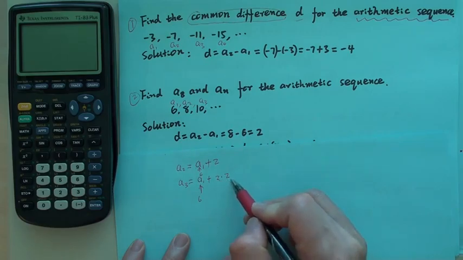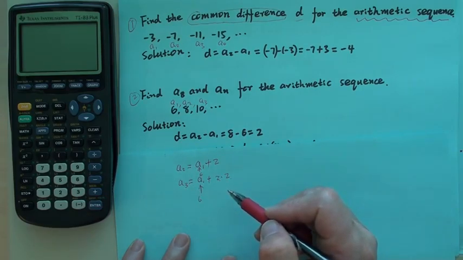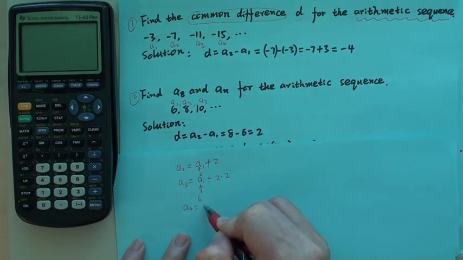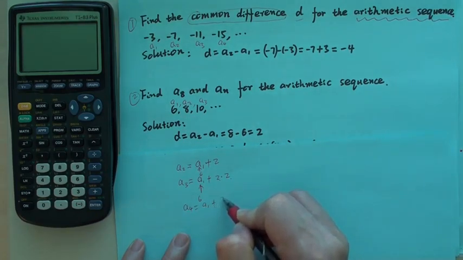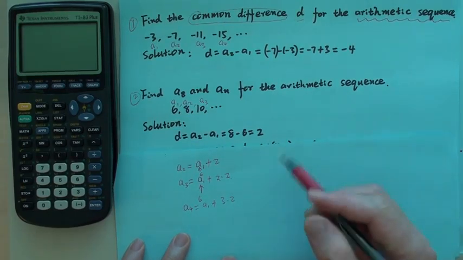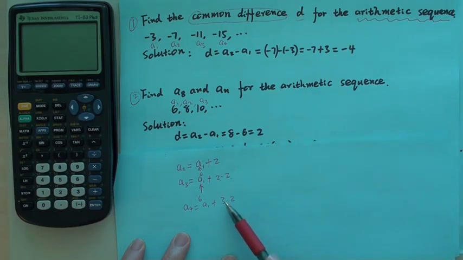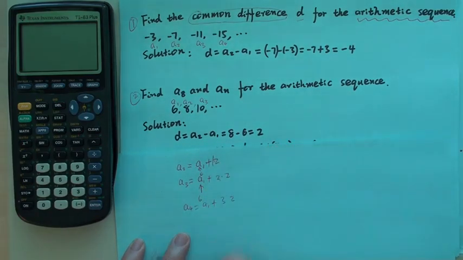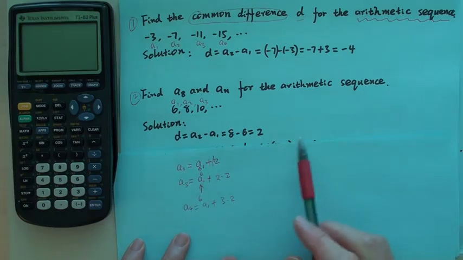You add two differences, you get the third one. And if you add 3 differences, you get the fourth one. So all the time, the number of differences is one smaller than the index. In front of a2, there is 1 difference, and 1 is less than 2.